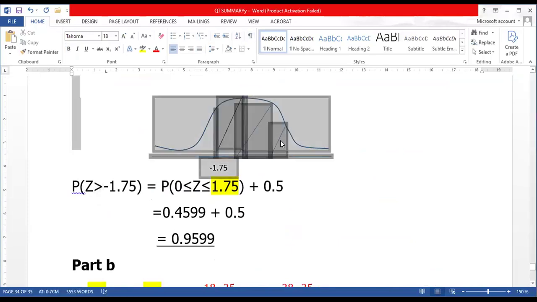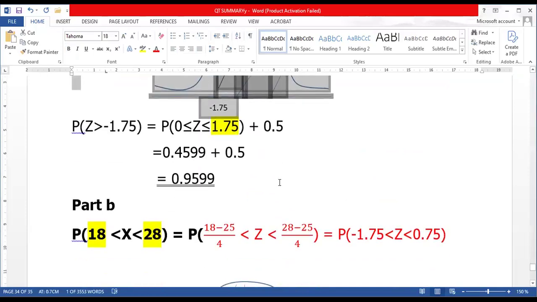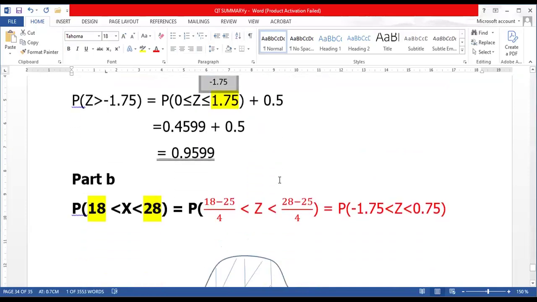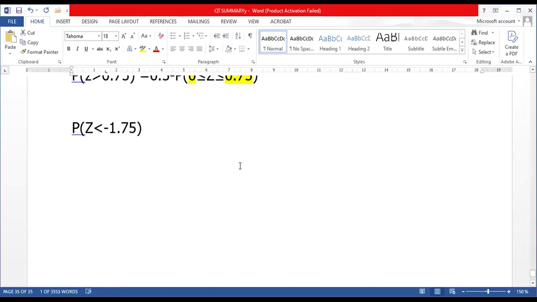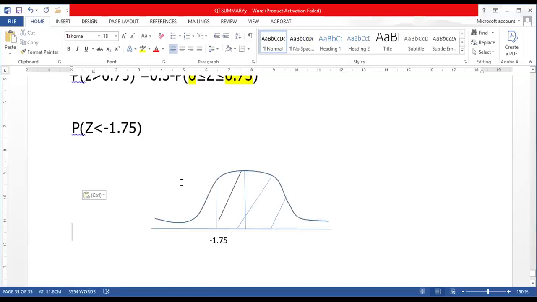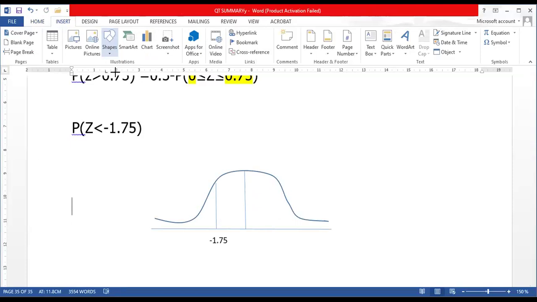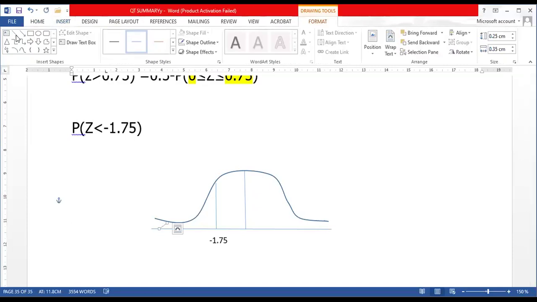Where do you shade? You shade the left, because you want values that are less than, and you find them on the left side.